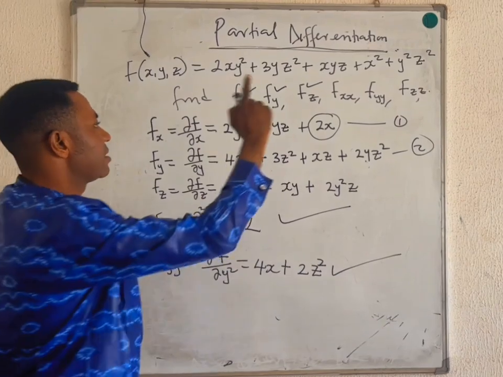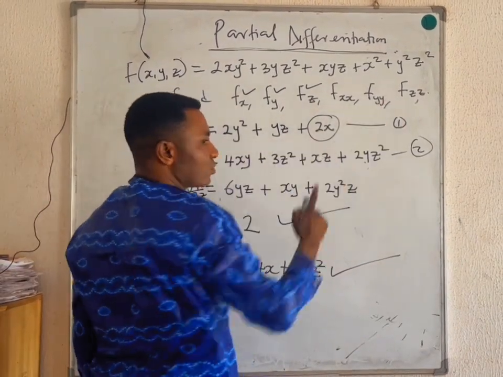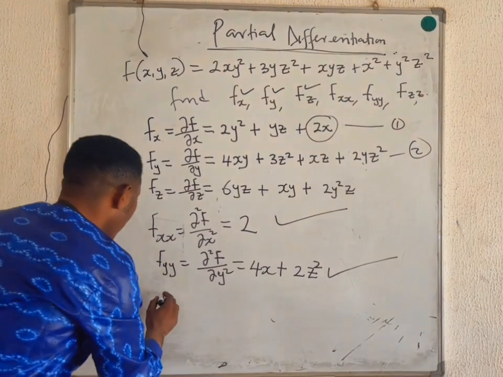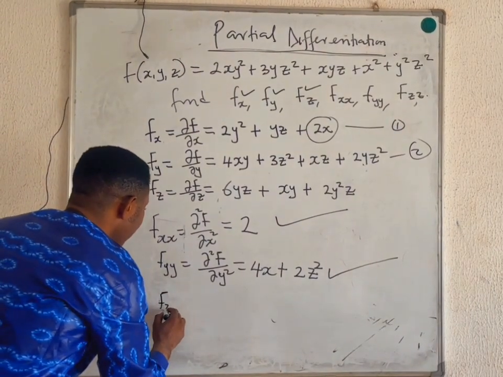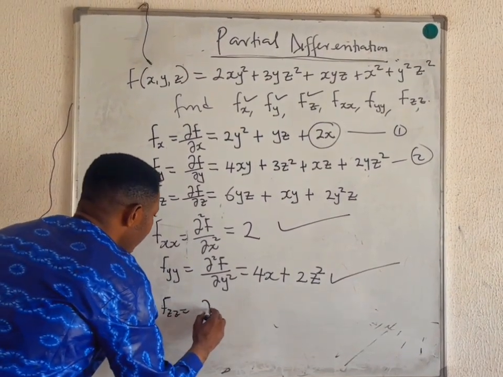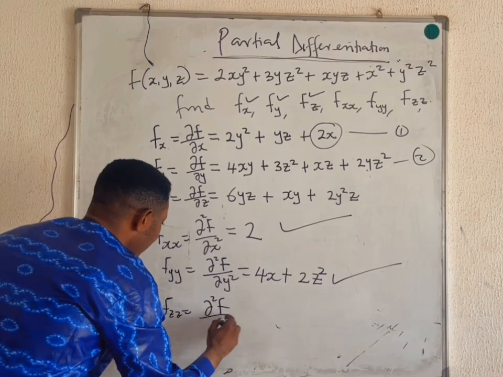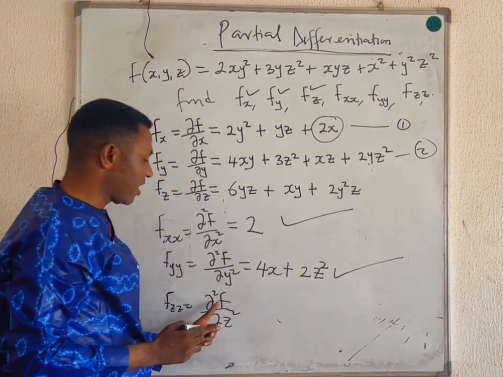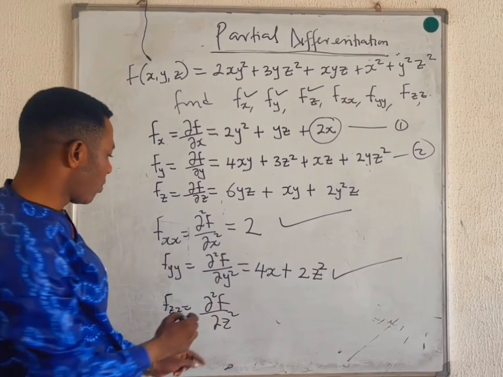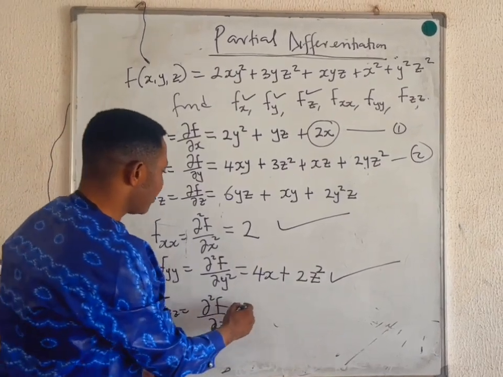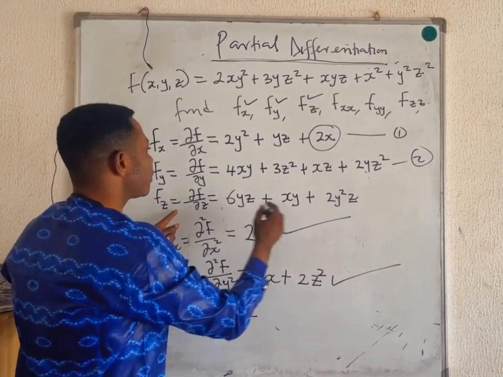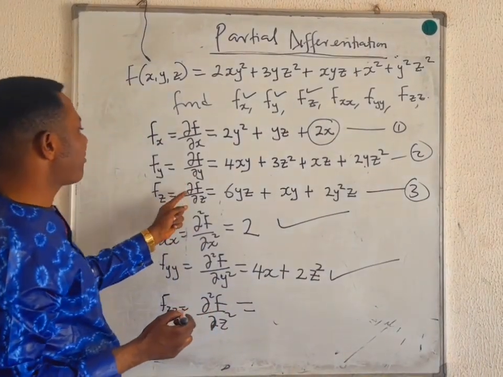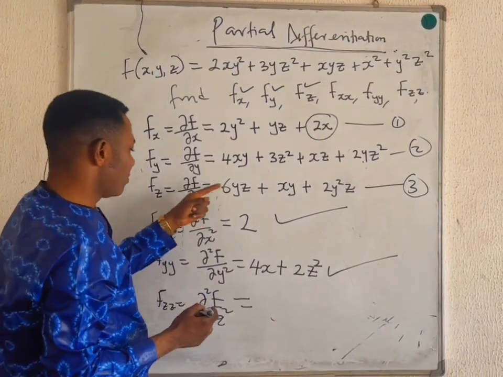And finally, let's find the second partial derivative of the function f with respect to z, that is fzz, the second partial derivative of f with respect to z. Our mind should go to equation 3, because this is partial f partial z.